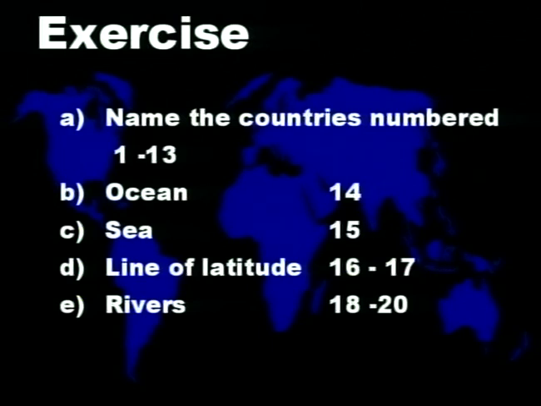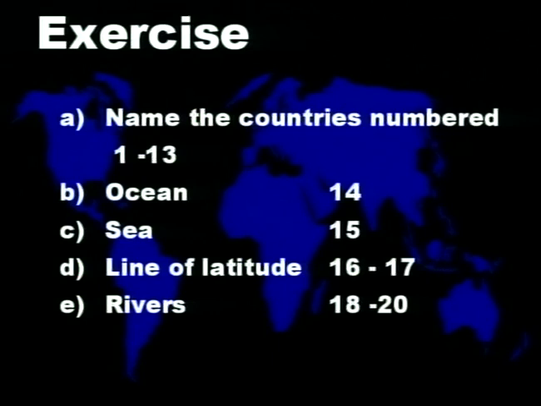Exercise B. Number 14 on your map work is supposed to be an ocean, and you are going to identify it by writing down the name of that ocean correctly. Number 15, that is activity C, is an area of sea, and you are going to find the name of that particular sea and write it down next to number 15.